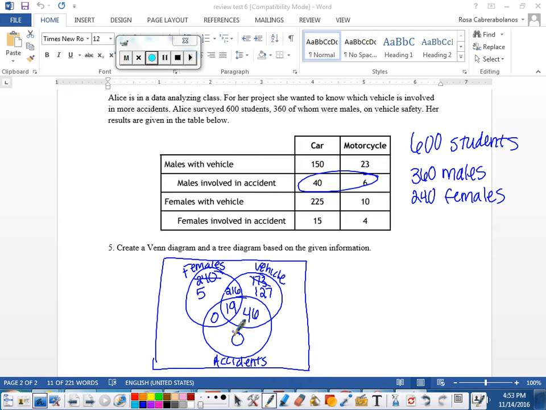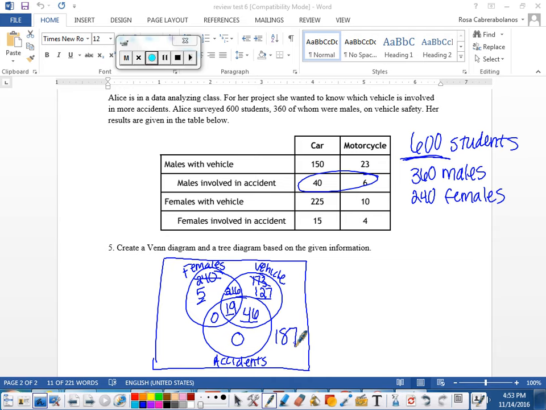And then finally, I need to figure out what's in the universe. So I'm going to add 5 plus 216 plus 19 plus 46 plus 127 and subtract it from 600. I do believe that was 187. Those would be males that don't have a vehicle and don't have an accident.